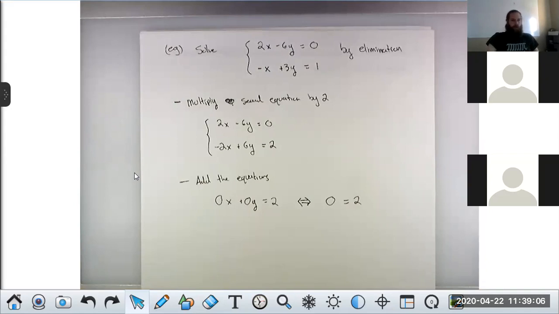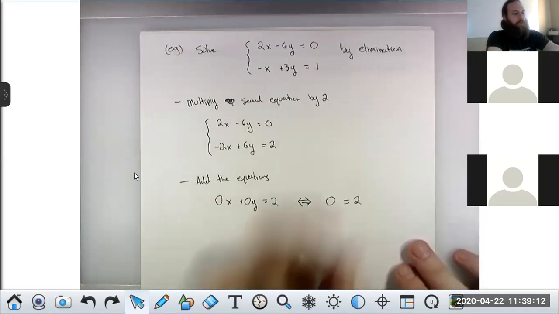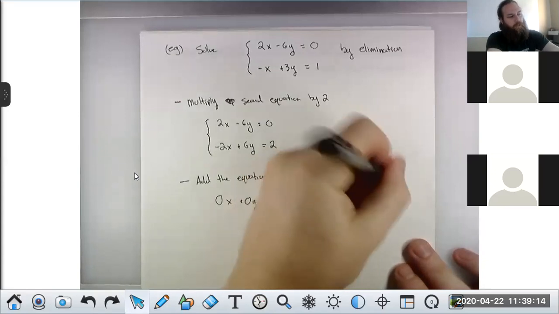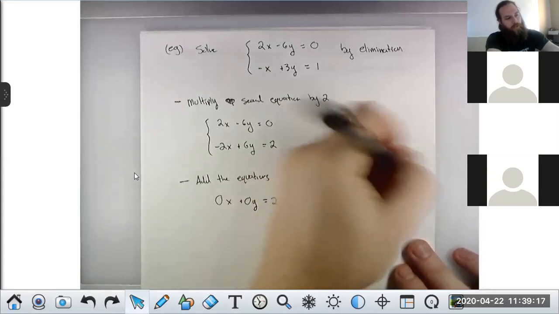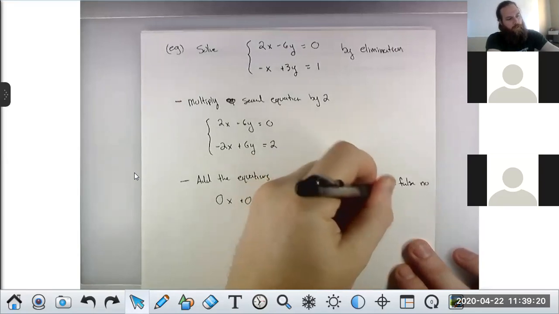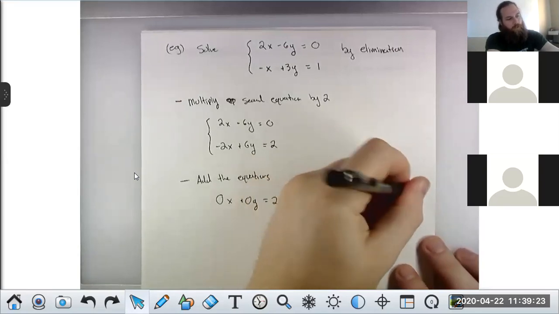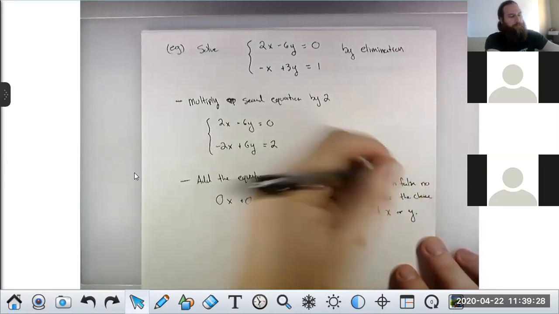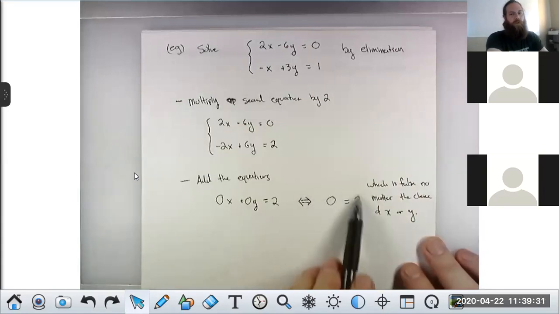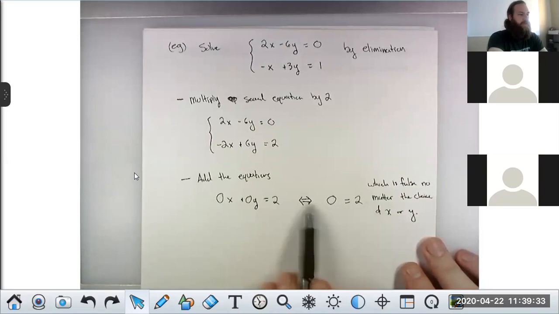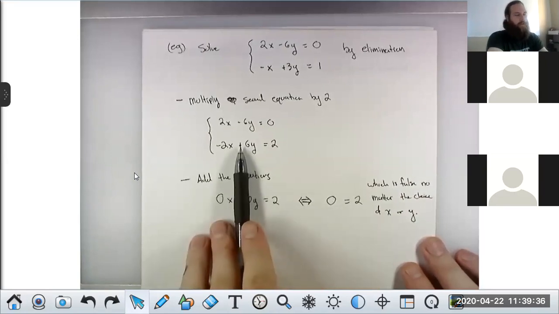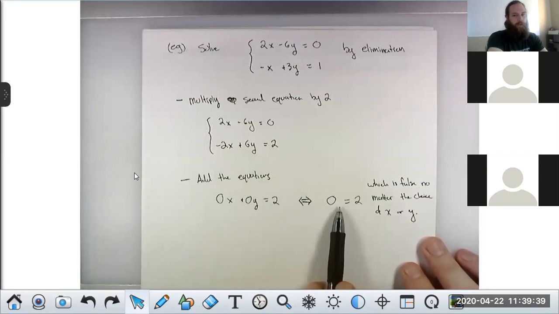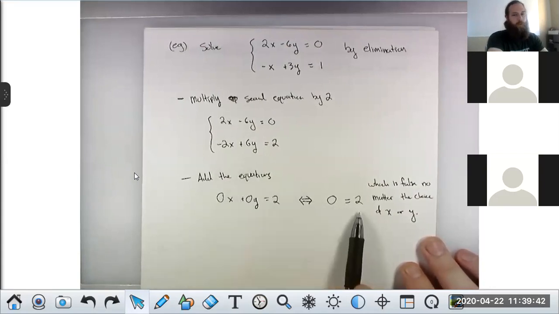Here, I get 0 equals 2, which is a false statement no matter the choice of x or y. In other words, this is a contradiction. This is a statement which is not true, and it's logically equivalent to our system, which means if this system had a solution, then 0 would be equal to 2. Therefore, the system must not have a solution.